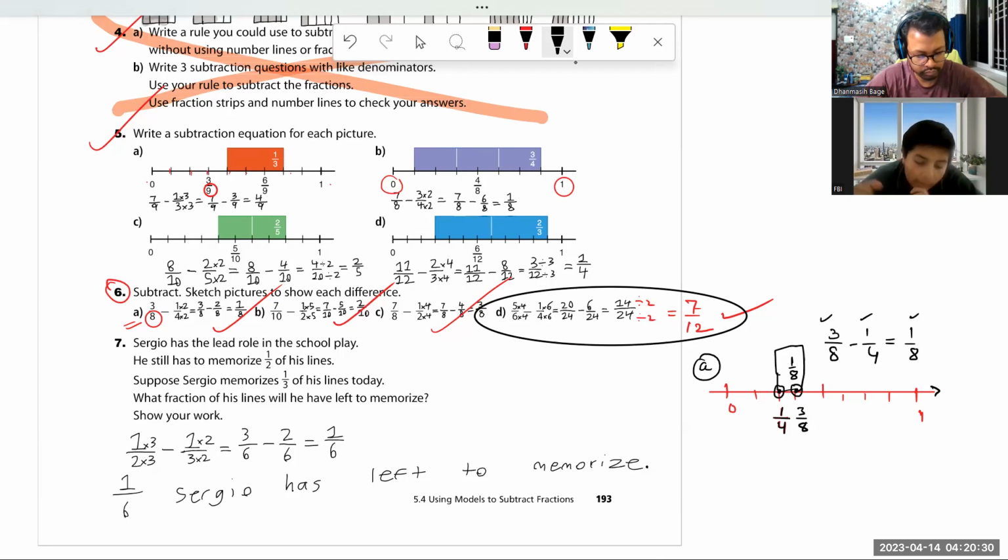Okay, I did B. I'm gonna show you. I'm done B. Show me. Change your background. Now you're in a different country.